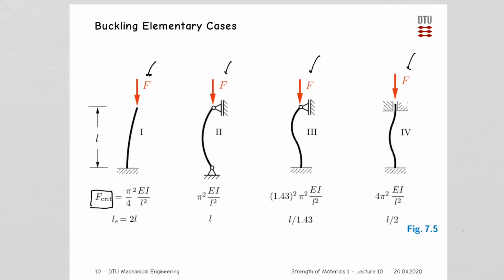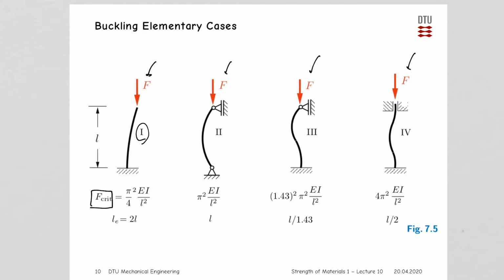So what we can see here is that the magnitude of the critical force depends on the boundary conditions. We here have 4 different cases, and we can see the lowest critical force. The lowest critical force means that the type of boundary condition that gives a structure that is most prone to buckle is the clamped-free beam that we have as case 1 here.